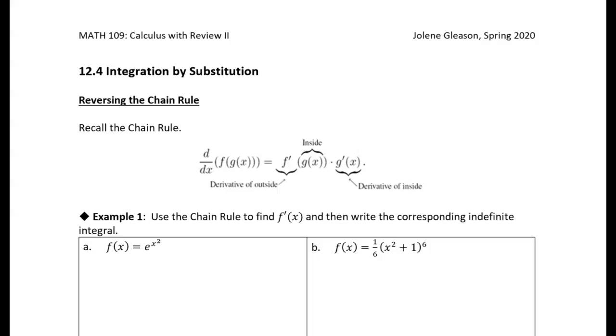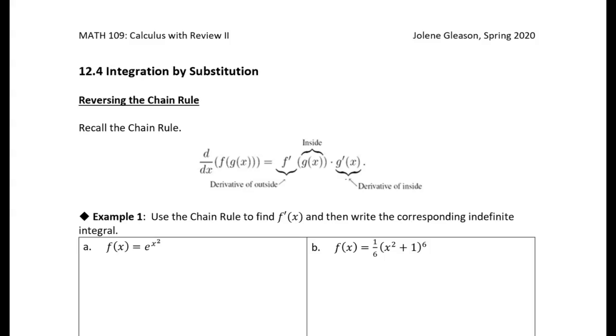Okay, so if you remember the chain rule, we have basically the derivative of a composite function. So we have an inside function and an outside function. And the chain rule says that if you have the derivative of f of g of x, you're going to take the derivative of f, f prime of g of x, and multiply it by the derivative of the inside function.